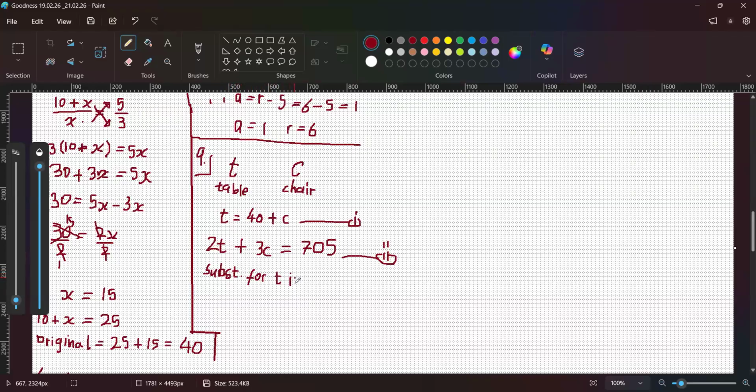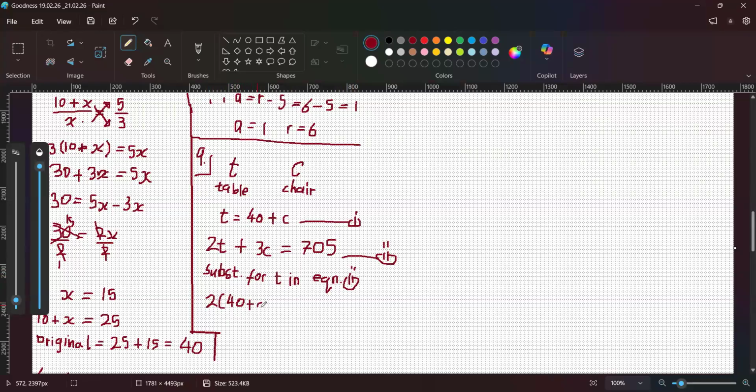This is how we usually write it when we want to write down our steps. Even though they told us that we should write down our steps all the time, if you don't have time, you can see how I do my own shorthand. I just write what at least I believe a fellow mathematician will be able to relate to. Substitute for T in equation 2. So anywhere I see T, I'm just going to gladly put 40 plus C. Can you see what I'm doing?